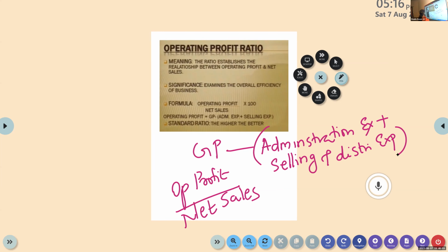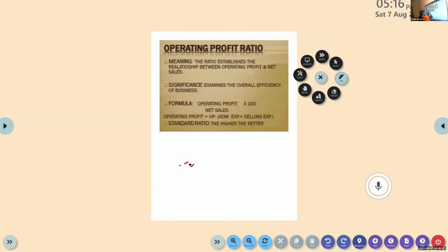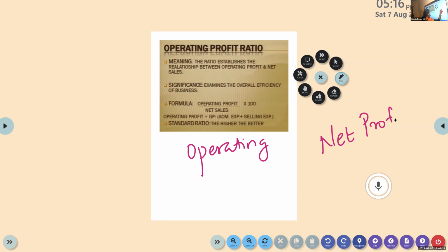So here there is a direct relationship. Please take down this: a direct relationship exists between operating profit and net profit. When operating profit increases, net profit will also increase.